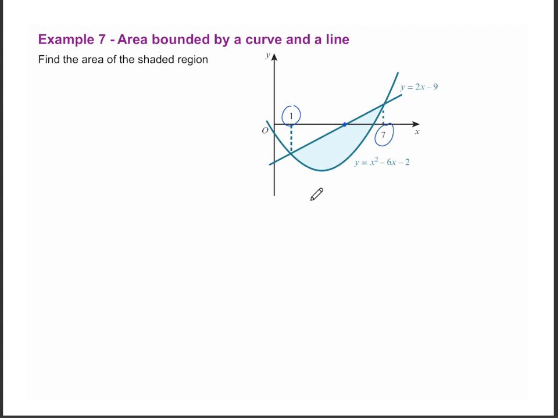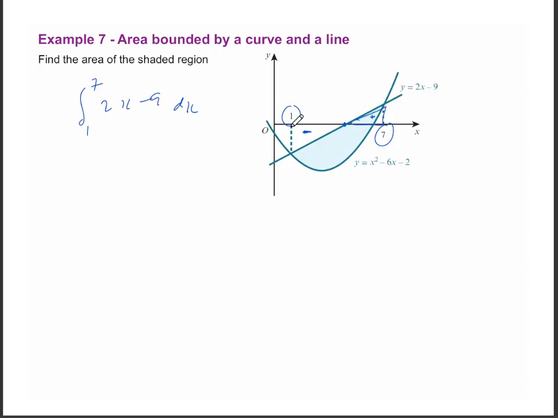Why? Suppose we were to find the area under the graph for 2x minus 9. So we integrate 2x minus 9 with respect to x from 1 up to 7. What would happen is this part would be taken as negative and this part would be taken as positive, this entire triangle right here.